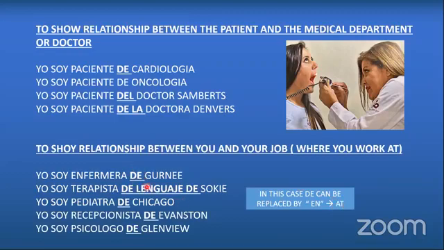So it's okay if you say de Gurney, de Skokie, de Chicago, de Evanston, de Glenview. You can also say en Gurney, en Skokie, en Chicago. Yo soy recepcionista en Evanston. Yo soy psicólogo en Glenview. You can use de or en.